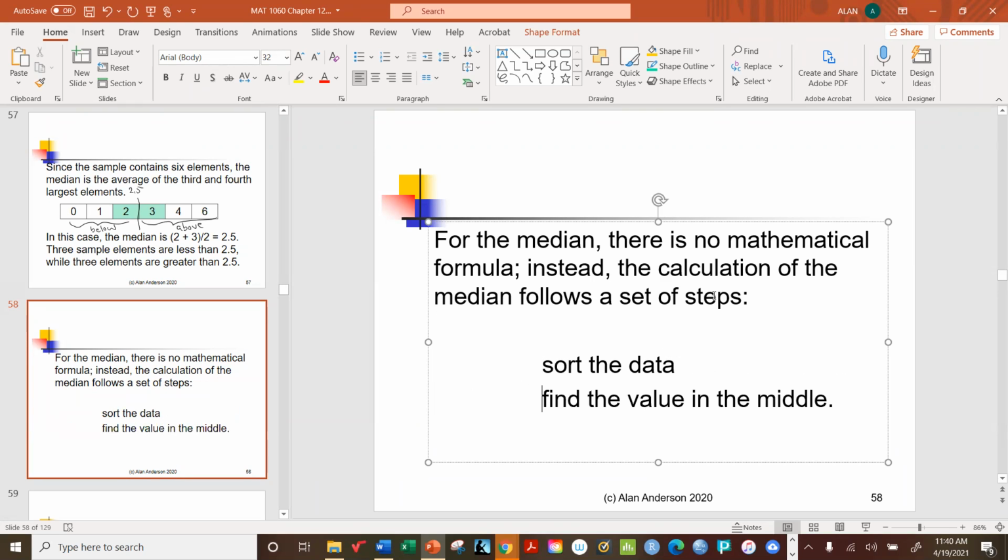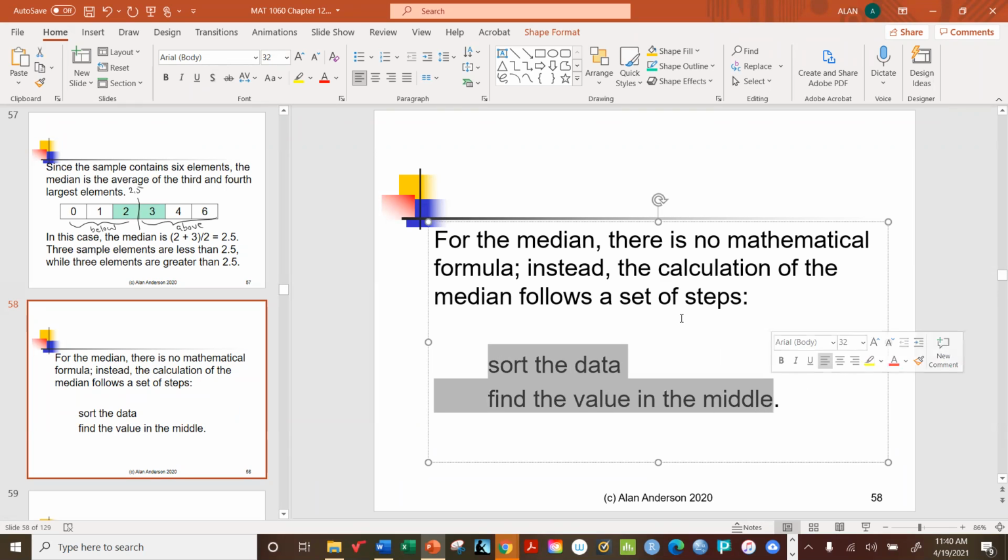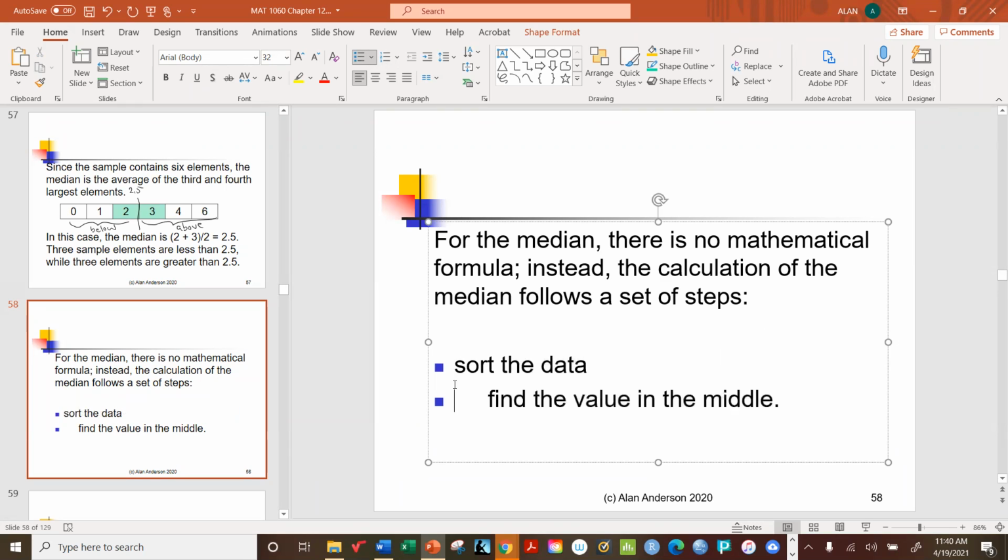That's all that we did. There's no formula that would explain that properly, so we just follow these steps. Okay, that's our first observation. No formula, just a procedure.